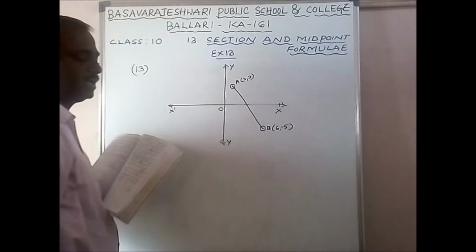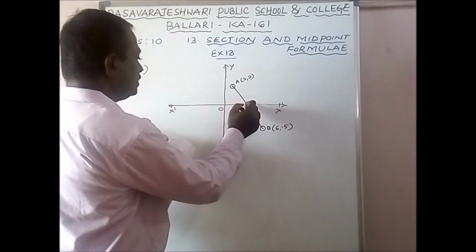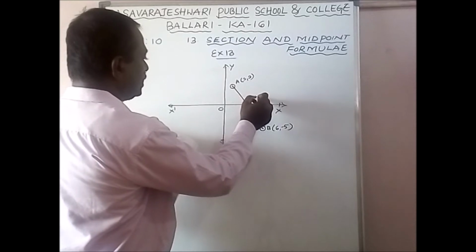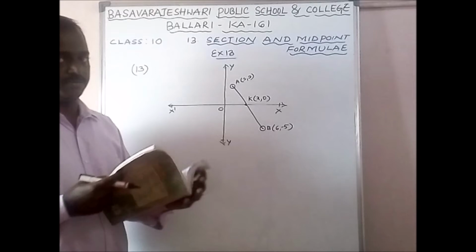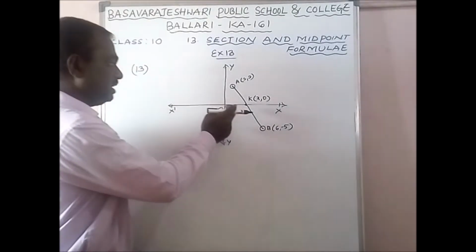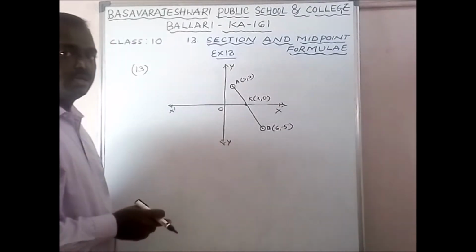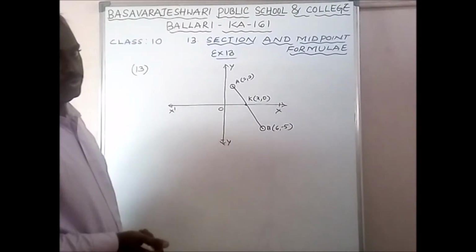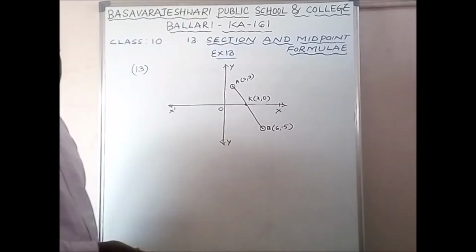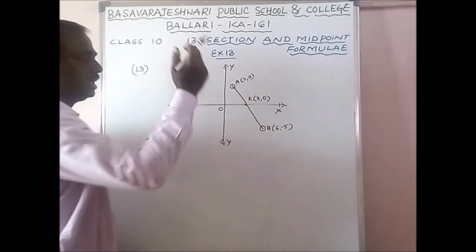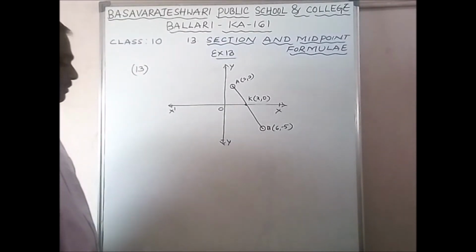Definitely it is intersecting at the x-axis. So think that this point is K, (x, 0). These are the coordinates of K. So K is dividing the line AB in a ratio we don't know. So we have to find out the ratio as well as the coordinates of the point K. Okay?